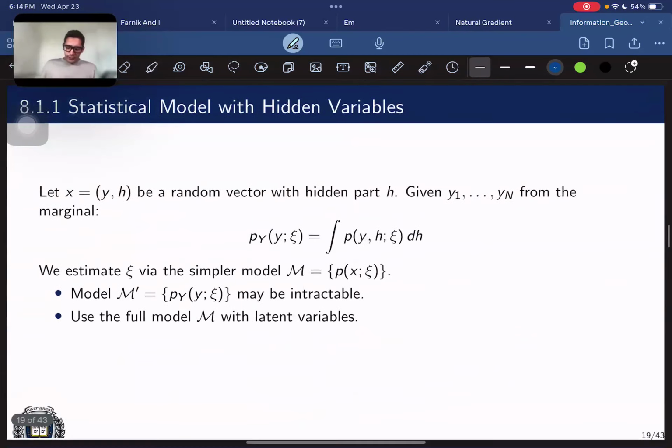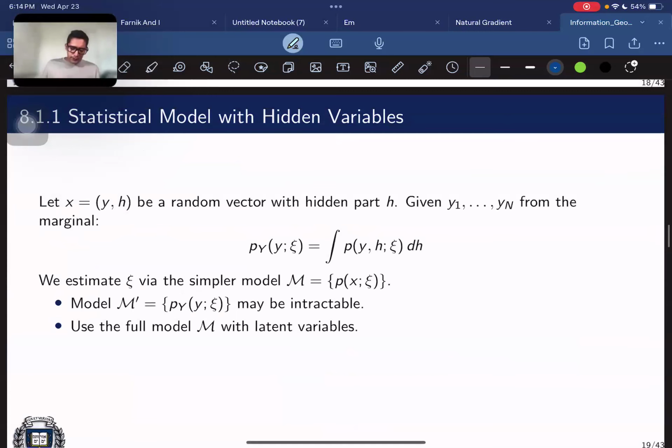Now I want to talk about the expectation maximization problem, which we briefly discussed two sessions ago. This is the whole exploitation of the concept of dually flat structure in Riemannian geometry.